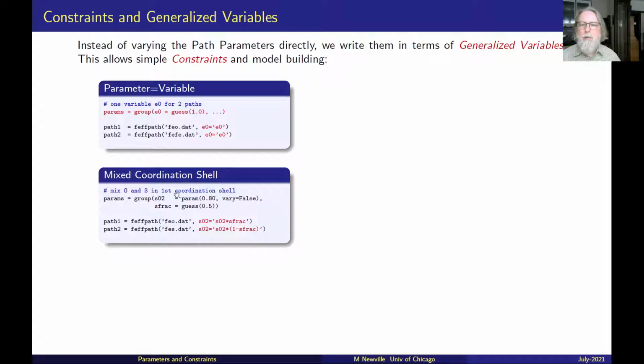Maybe it's 0.8, so you make a parameter for that, and you tell it to not be varied in the fit. And then you have a sulfur fraction that's a half. For 1 path, you could say that the amplitude, the S0 squared term, is S0 squared times S frac. And for the other path, it's S0 squared times 1 minus S frac. So you have complete mathematical expression capabilities for setting up paths.